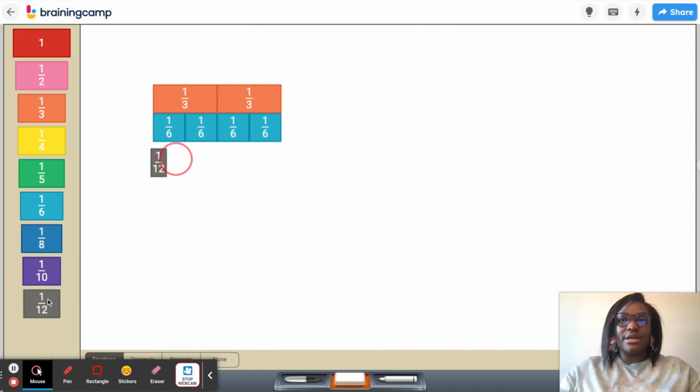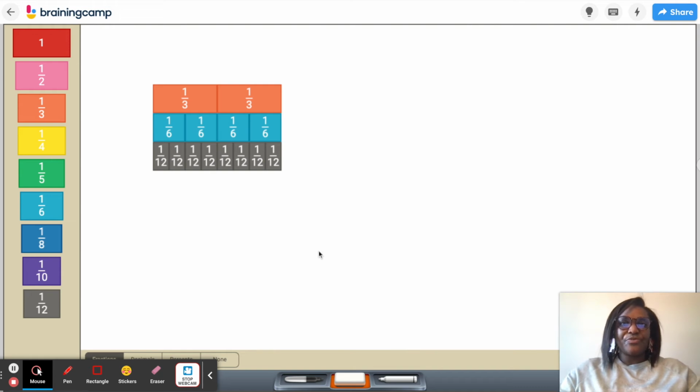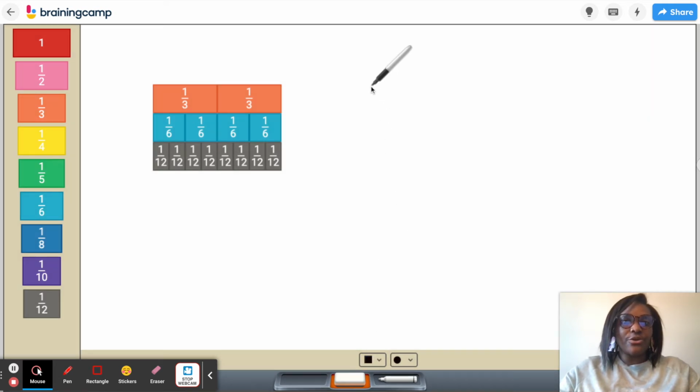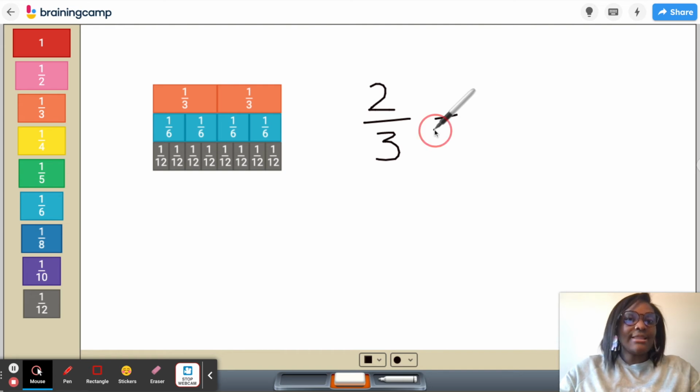And then some of your students, they'll notice that 8/12 equals 2/3. So then that's when you're going to remind them, okay, so let's write this on our screen. 2/3 equals 4/6. And then when you do this, ask them, what if we didn't have these fraction tiles? How can we tell that these are equivalent fractions?